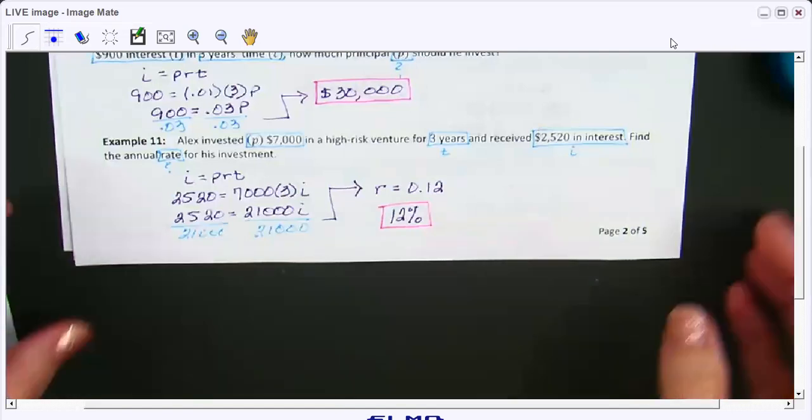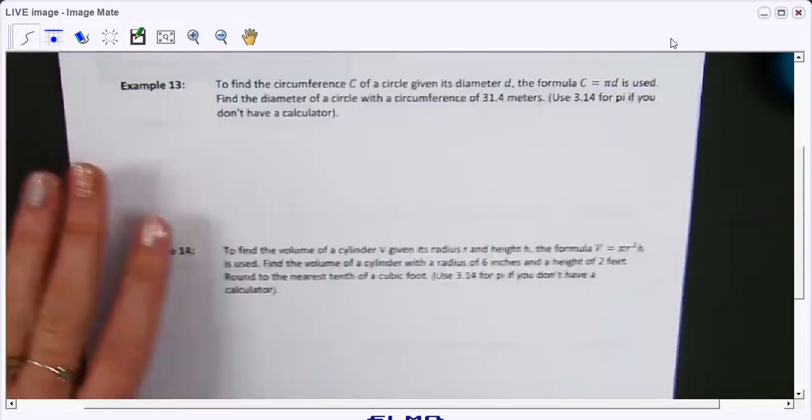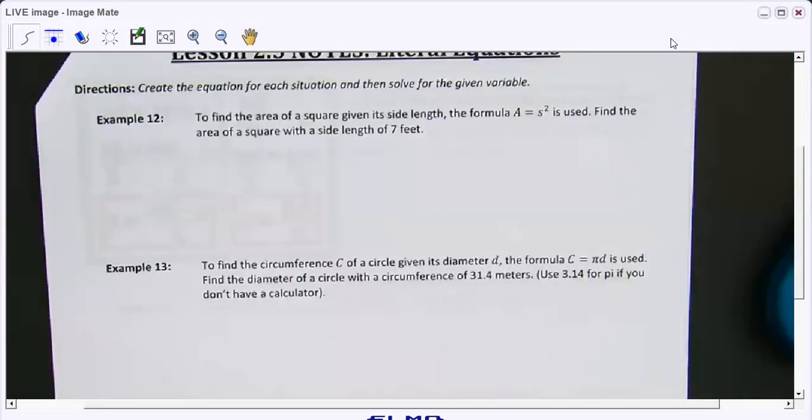All right, let's move on to the next one. Now we're getting into a little bit of geometry, trying to remember some of the formulas. And all of the formulas on here are going to be given to you. So we're going to write out the formula, plug in what we know, and move from there.